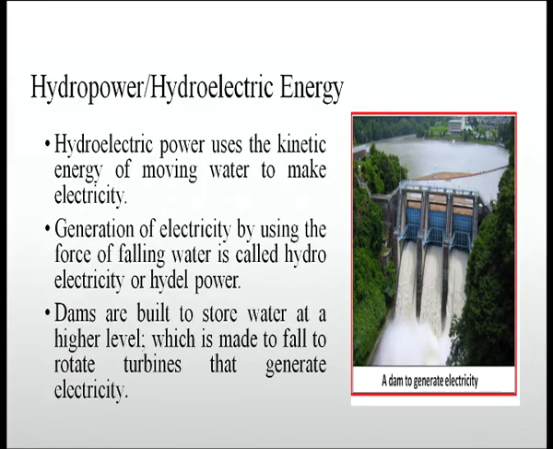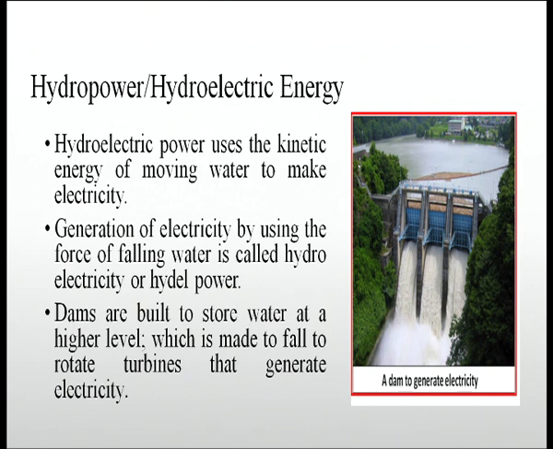Then we come to the hydropower or hydroelectric energy. Hydroelectric power uses the kinetic energy of moving water to make electricity. Generation of electricity by using the force of falling water is called hydroelectricity or hydropower.